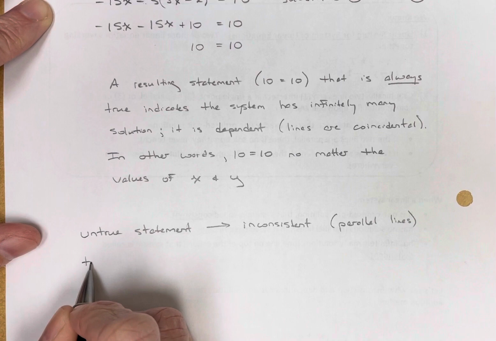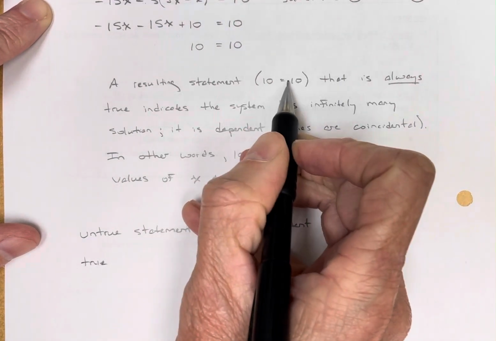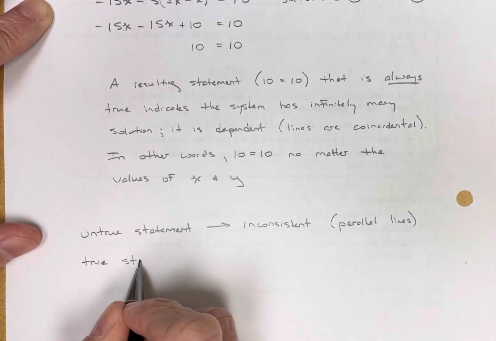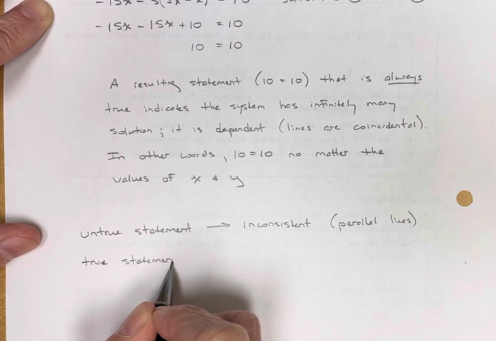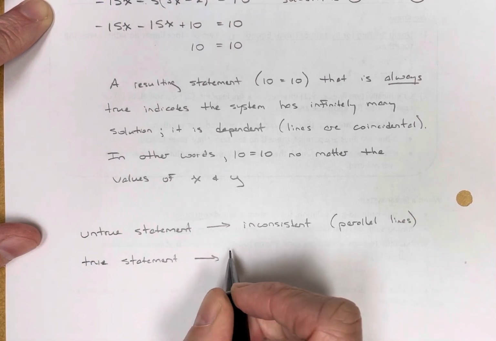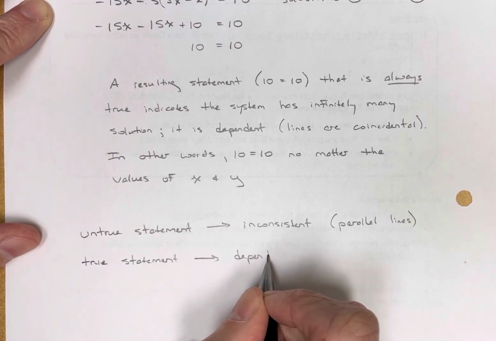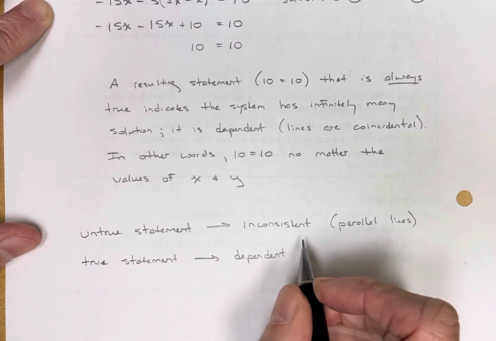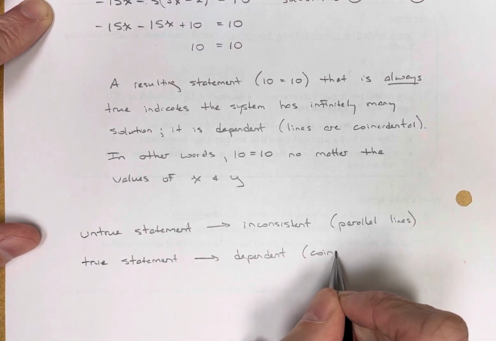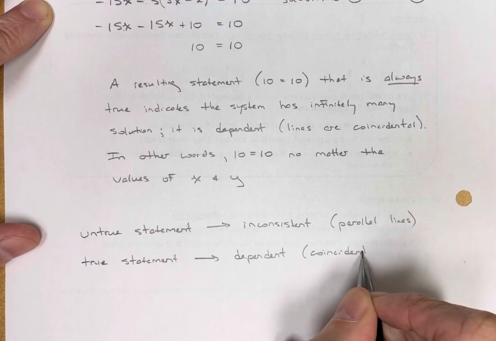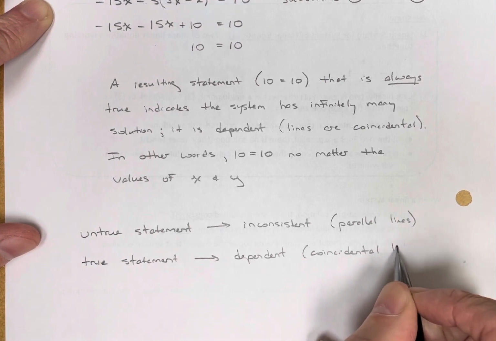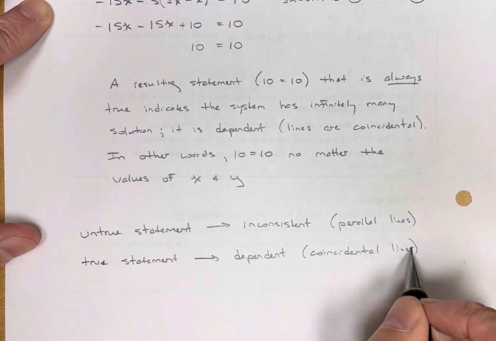A true statement, like 10 equals 10, tells us we have a dependent system and we have coincidental lines. Whoops, if I can spell lines.